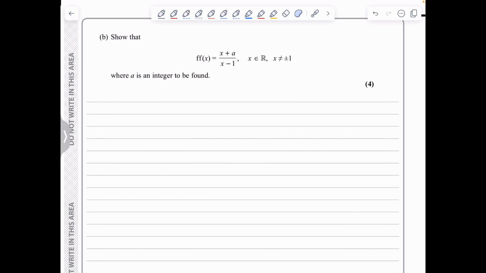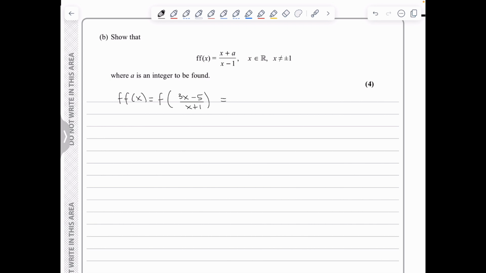In part B, we need to show that f of f of x, the composite function, is (x plus a) over (x minus 1), where a is an integer to be found. So f of f of x is f of (3x minus 5) over (x plus 1). And then I will input the (3x minus 5) over (x plus 1) into f again.